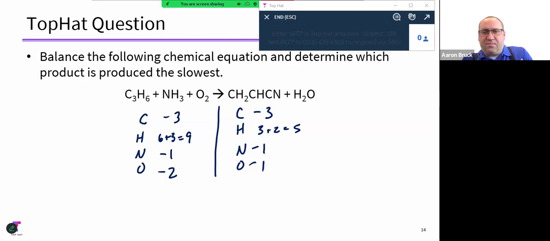So best practice here would be to try to figure out how to balance the hydrogen and hope that the oxygen comes out along the way. Right now there are only 5 hydrogens. We need 9. So if we make this 3 waters instead of just 1, that would give us the 9 that we were hoping for.